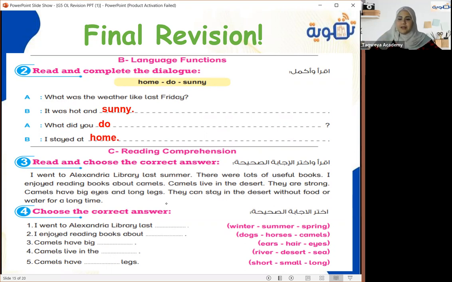In the reading comprehension, read the question, find the answer. I went to Alexandria Library last summer.